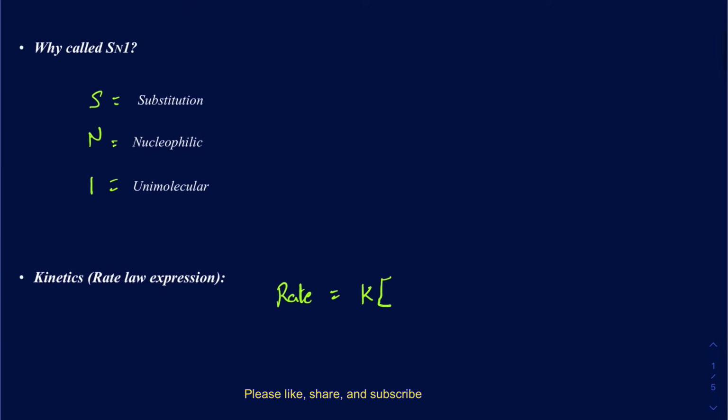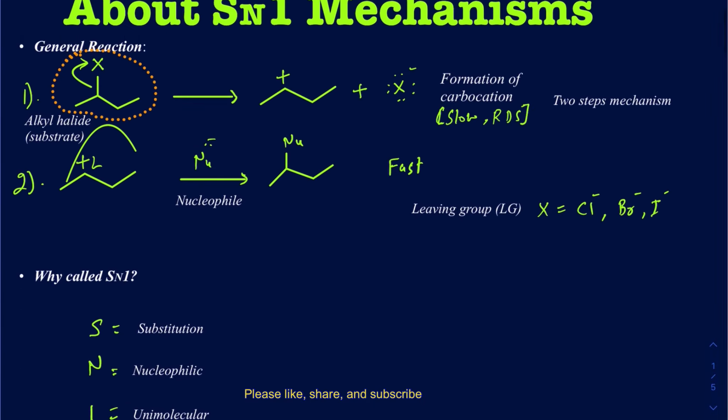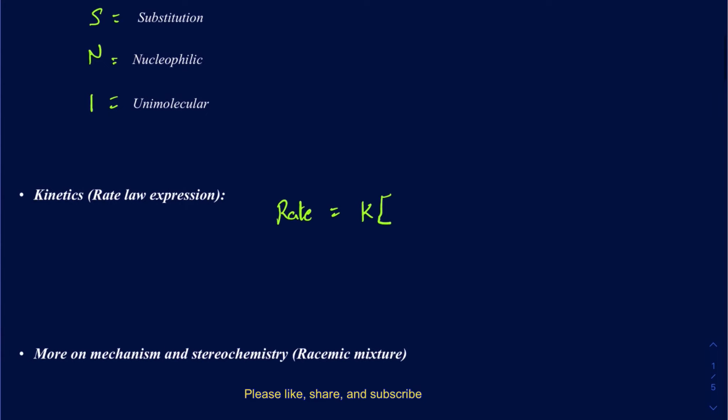Now I'm going to look back at my rate determining step, which is the formation of the carbocation, and I only have the alkyl halide in there. So I'm going to write that in the form of RX. R means alkyl and X means the halide. That's just a generic way of writing this alkyl halide.